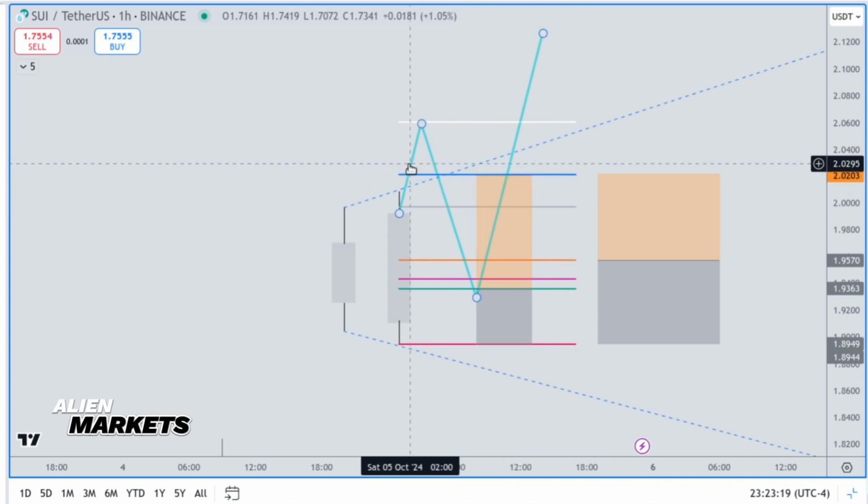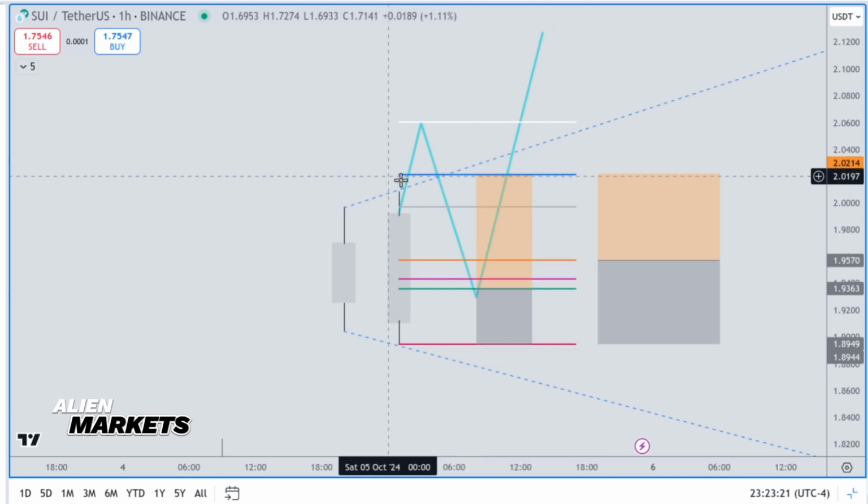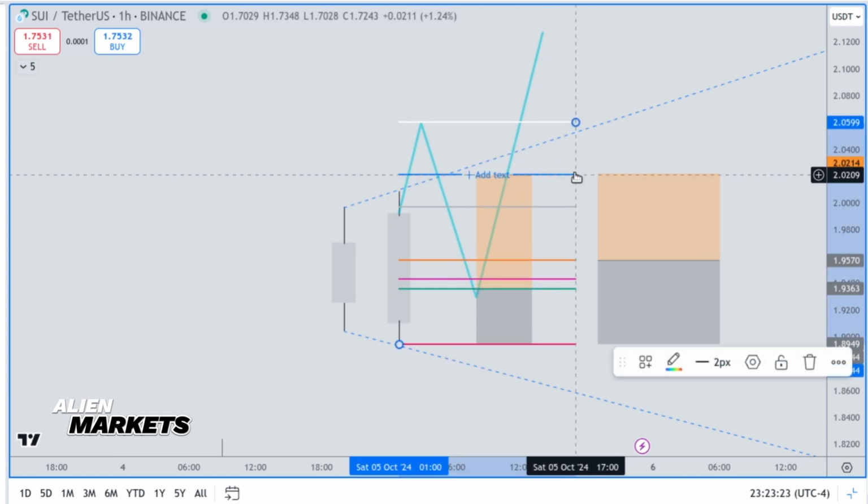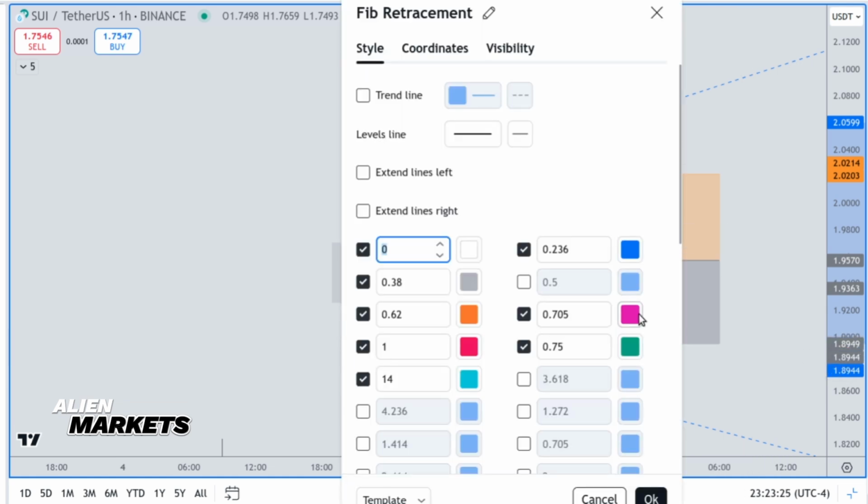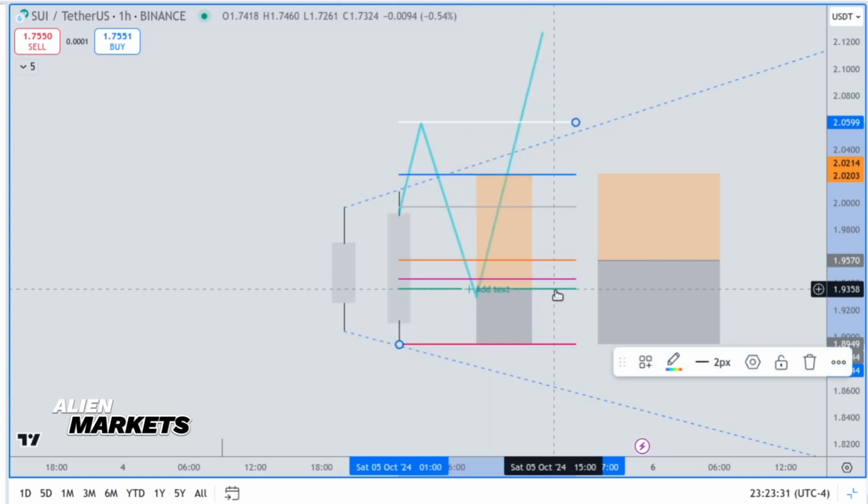This is what I use from Stoic's model. I cannot say it was mine, it is his, right? But the entry, this is mine. This is the 75% retracement, right?